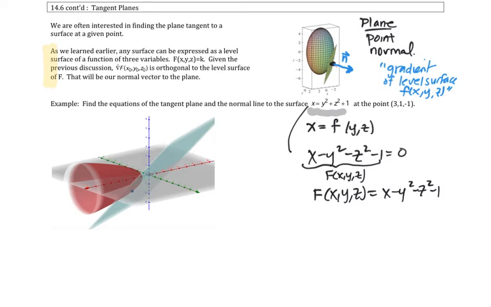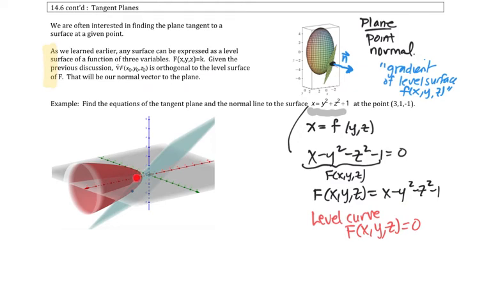However, this does have a level surface. If I consider the level surface that is f of x, y, z equals 0, so I have a function of 3 variables, I set it equal to a constant. If I do that, then I'm back here, and that does have a graph. So that's what I'm reminding you of here.